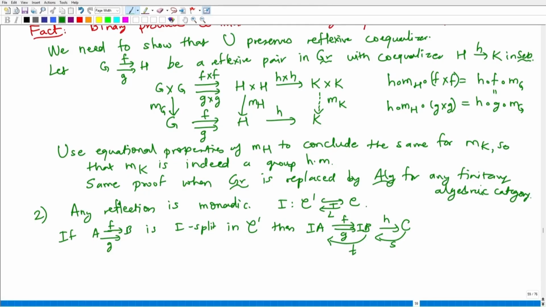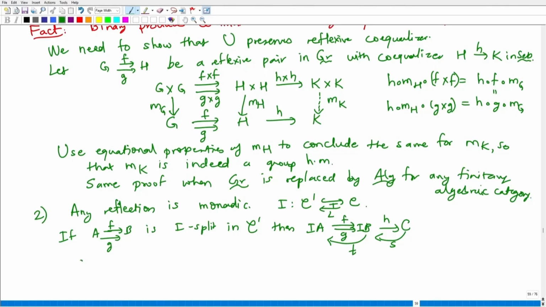Now there are certain things to argue. First of all, I was highlighting the fact that C prime is a full subcategory. And that fullness is useful to conclude that T is in C prime. So since C prime is full, T is a morphism in C prime. Okay, what else?